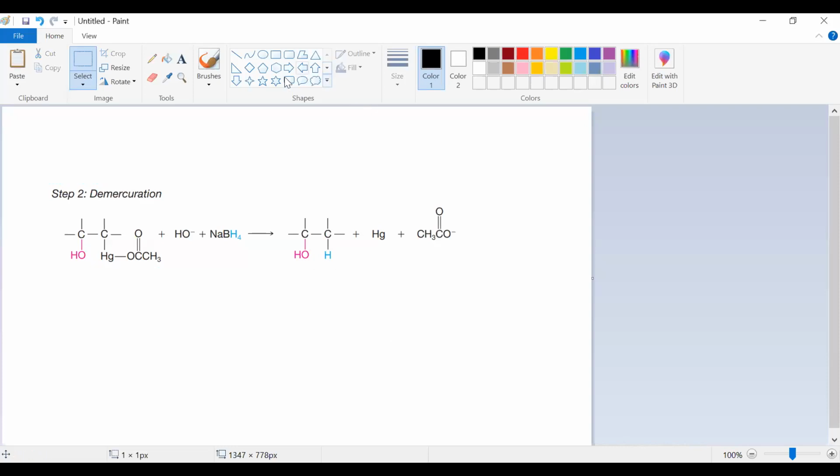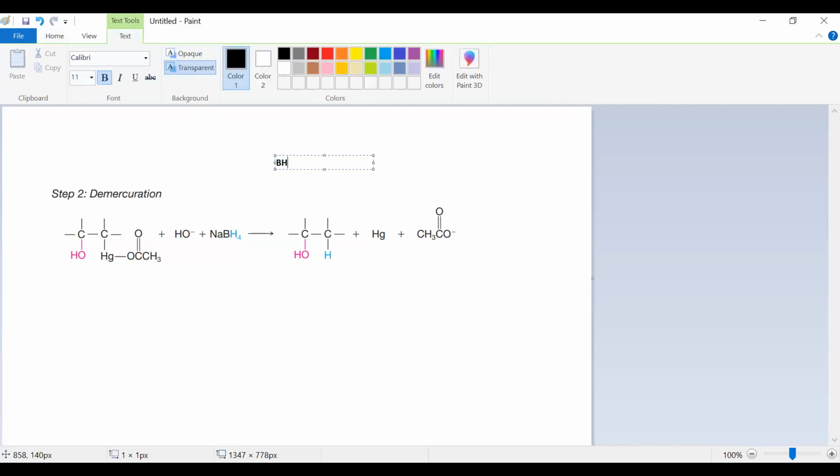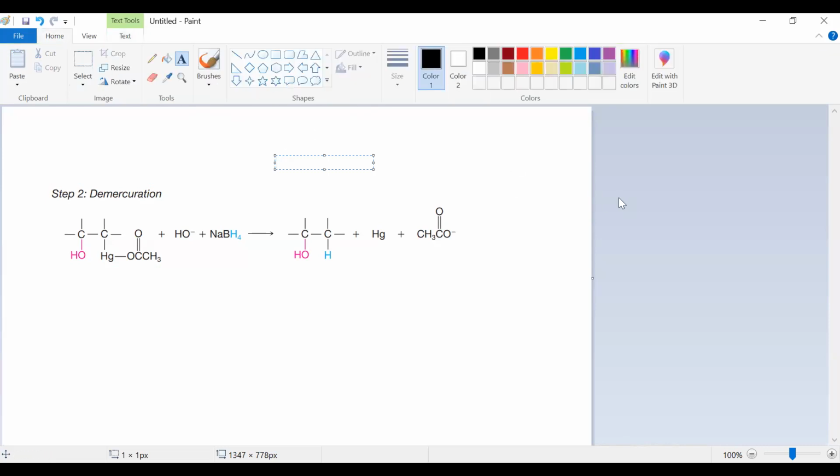Okay, just have to remember that sodium borohydride is BH4, and you have your boron. When you have your boron bonded to H4, boron is negatively charged now.